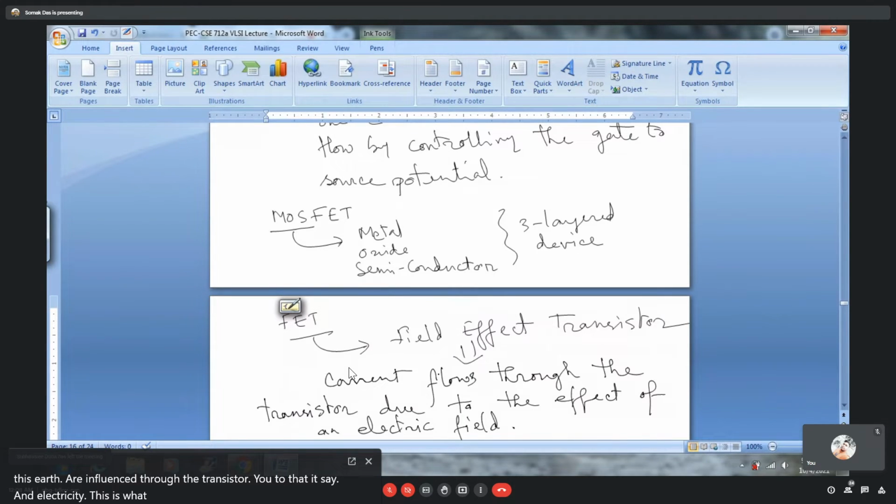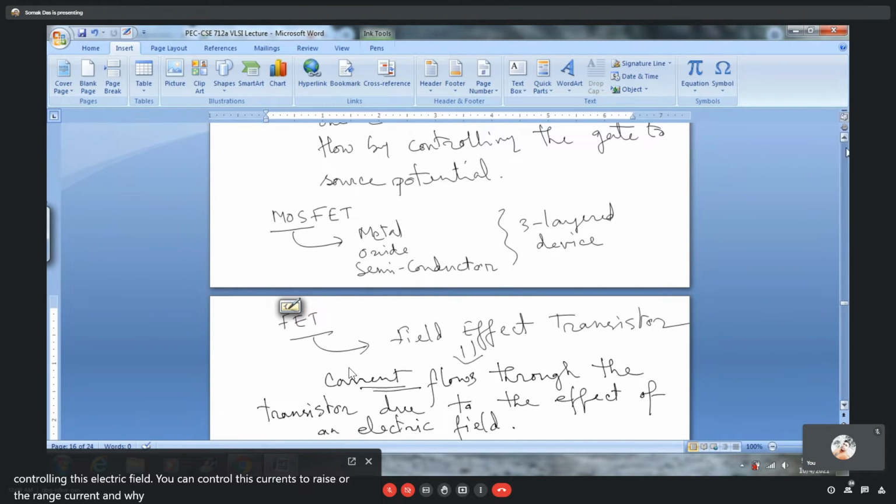This is what the device is. So the first three alphabets, MOS, are nothing but metal oxide semiconductor, relates with the manufacturing of the device, three-layered device. And the last three alphabets, field effect transistor, tells us how this device operates. The current flow through the device is due to the effect of the electric field, and of course, by controlling this electric field, you can control this current flow rate or the drain current value ID.